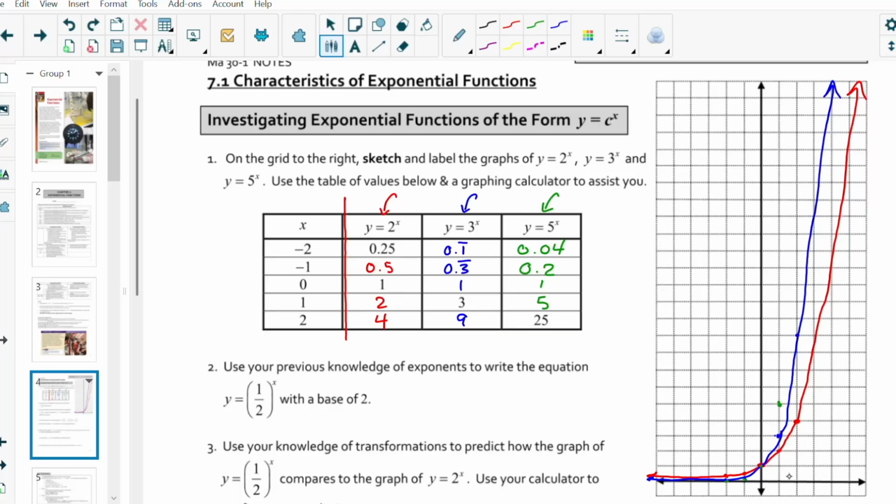And then 2 and 25, and that would be all the way up here. Okay, there we go.